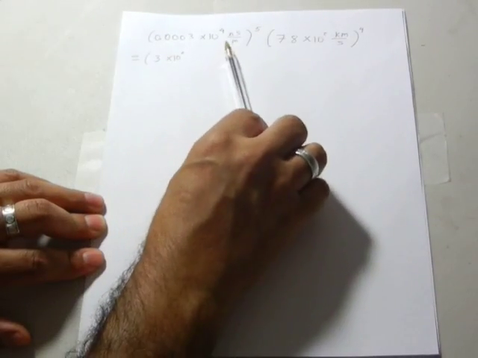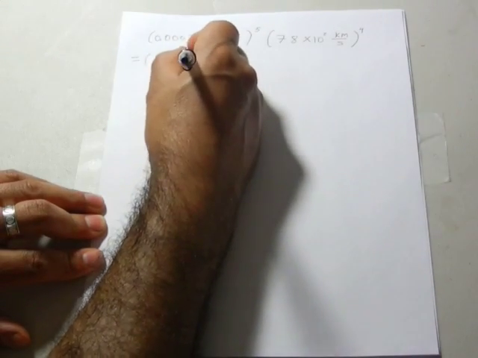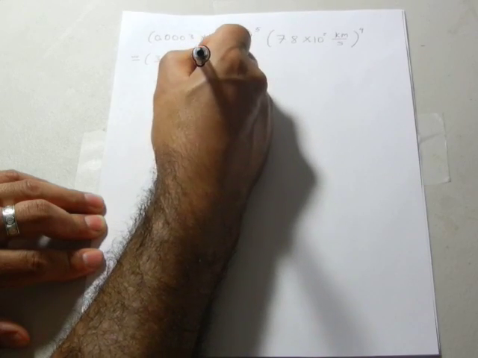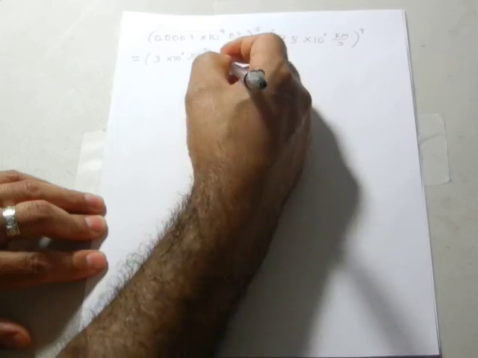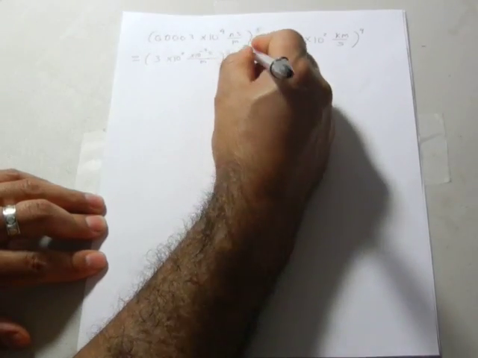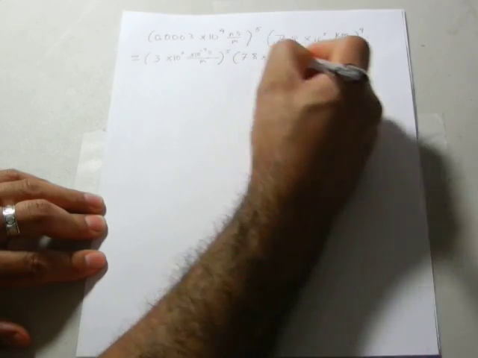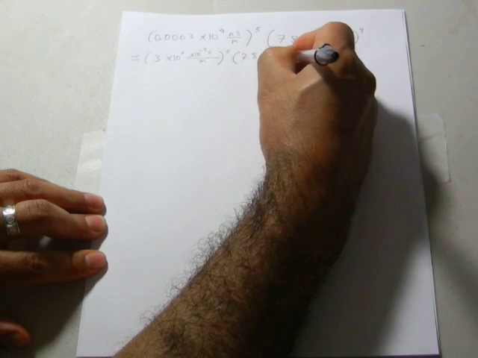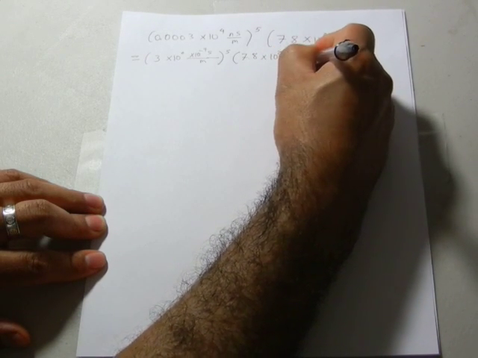Nano, identify the prefix that we have, associate. Nano means times 10 to the negative 9, and we have seconds per meter. And we have 7.8 times 10 to the 2, and we have another prefix here, kilo, times 10 to the 3, and we have meters per second.